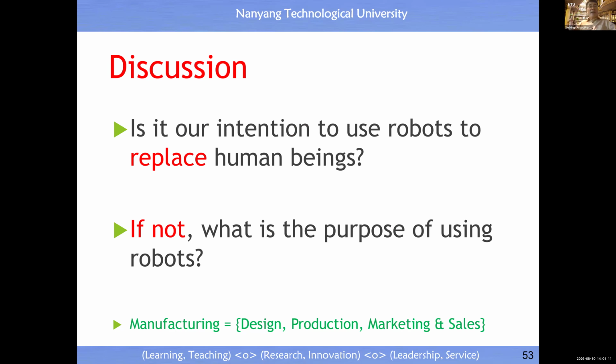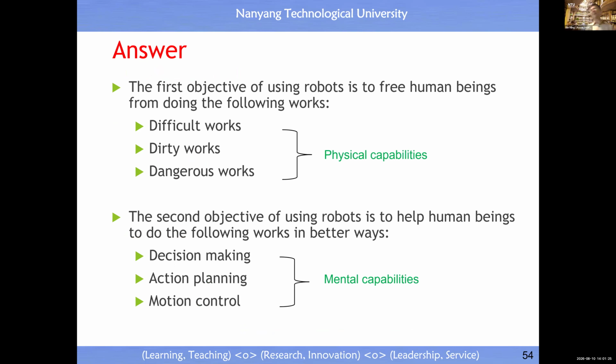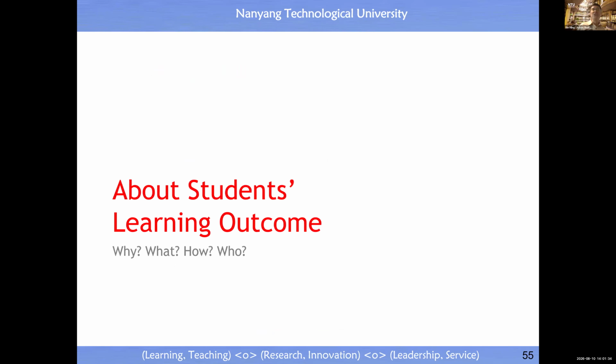Then we can undertake design, marketing, and sales, and free human beings from the production line. That should be the intention. You should tell people in this way. It is not to blindly replace human beings, because robots can extend our physical capability and extend our mental capability. That is the intention.